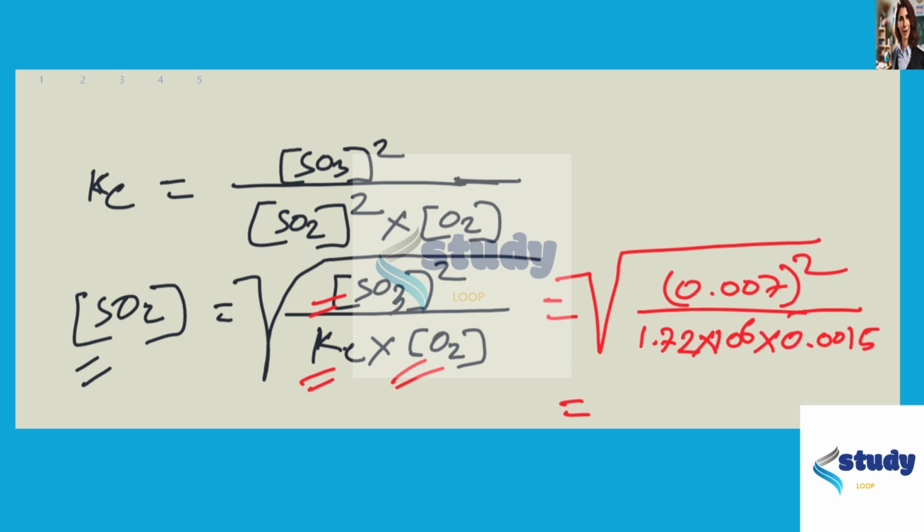I haven't included the units here. Just make sure that you include all the units, so it will be 0.007 M, and this will be 0.0015 M. And from here we will get the equilibrium concentration of sulfur dioxide as 1.38 times 10 to the power minus 4 molar.